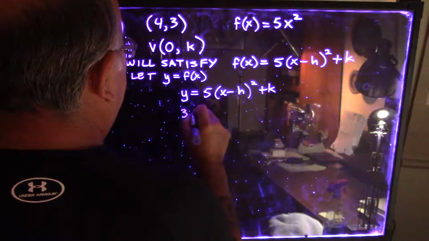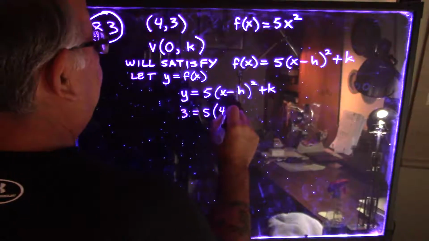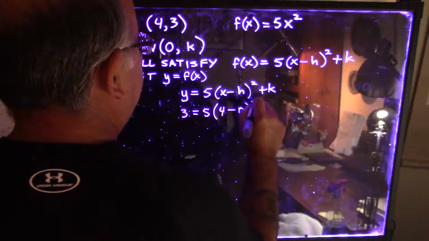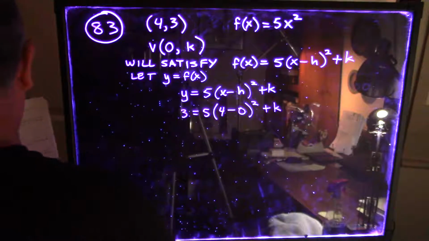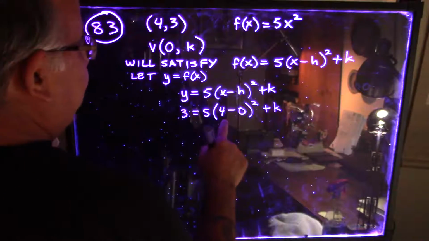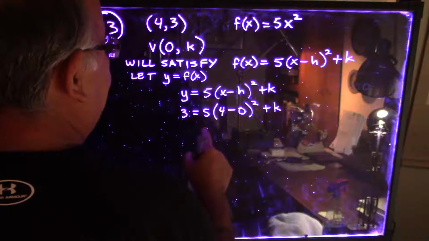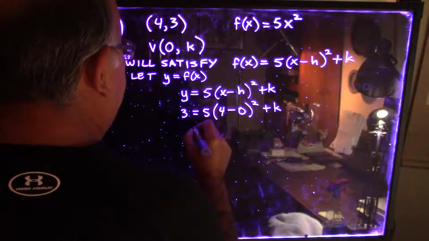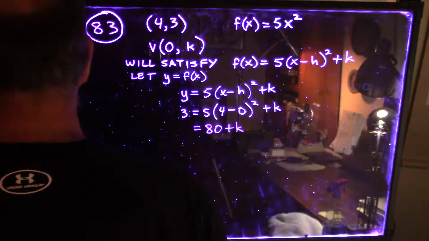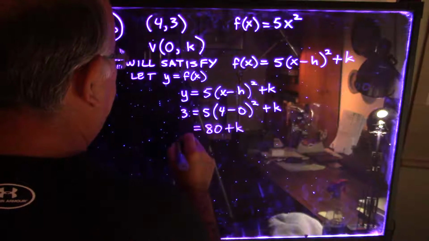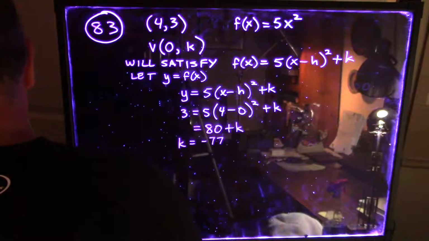So we've got 3 equals 5, and then 4, h is 0, squared, and then k is unknown, but we'll soon find it out. And so 4 minus 0 squared, that's 4 squared is 16. 5 times 16 is 80, so we've got 80 plus k. Subtract 80 from both sides, we get k is equal to negative 77.